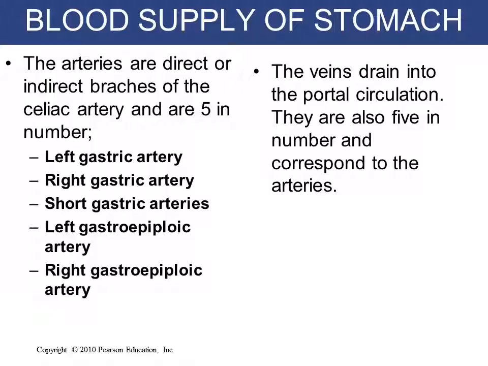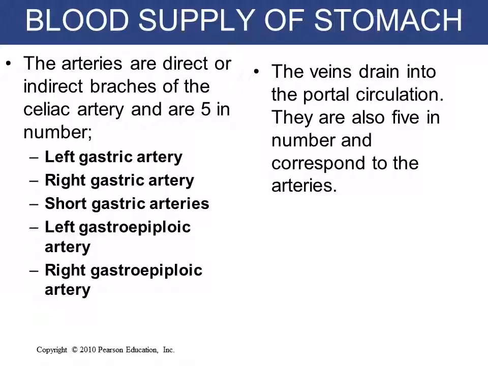Blood supply of the stomach. The arteries are direct or indirect branches of the celiac artery, and they are five in number. The first ones, the left gastric artery and right gastric artery, supply the lesser curvature. We have the short gastric arteries that supply the fundus and body of the stomach.